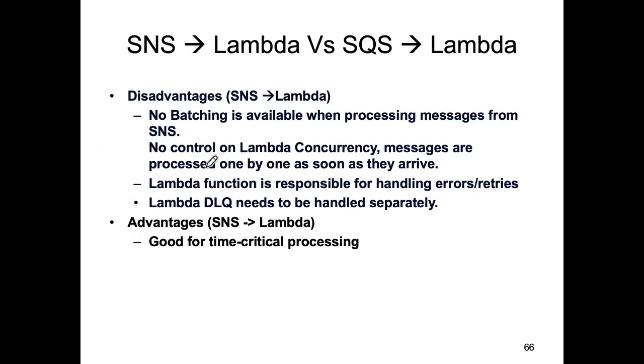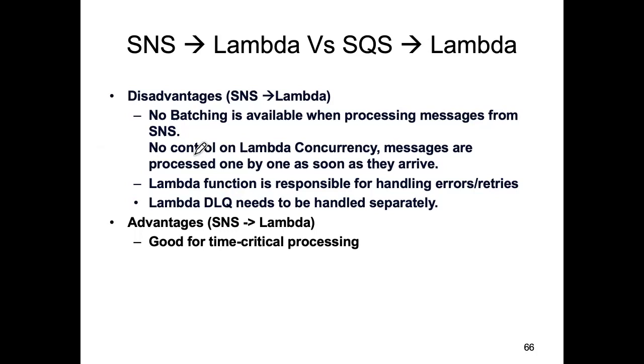Also, you might remember with SQS, built into the SQS to Lambda integration, there was this dead letter queue, which SQS managed for us. Now you don't have that option when SNS is involved. So we do need to handle errors that might arise with our Lambda throwing exceptions while it's processing a message.